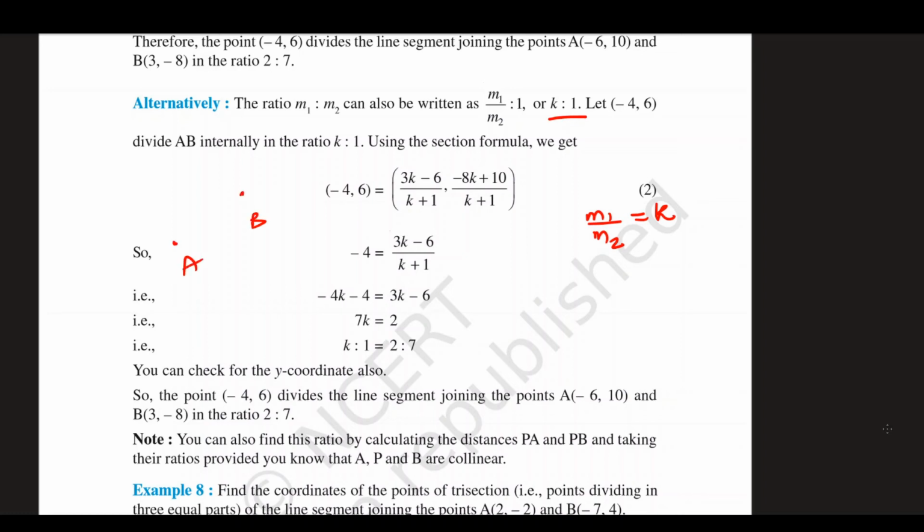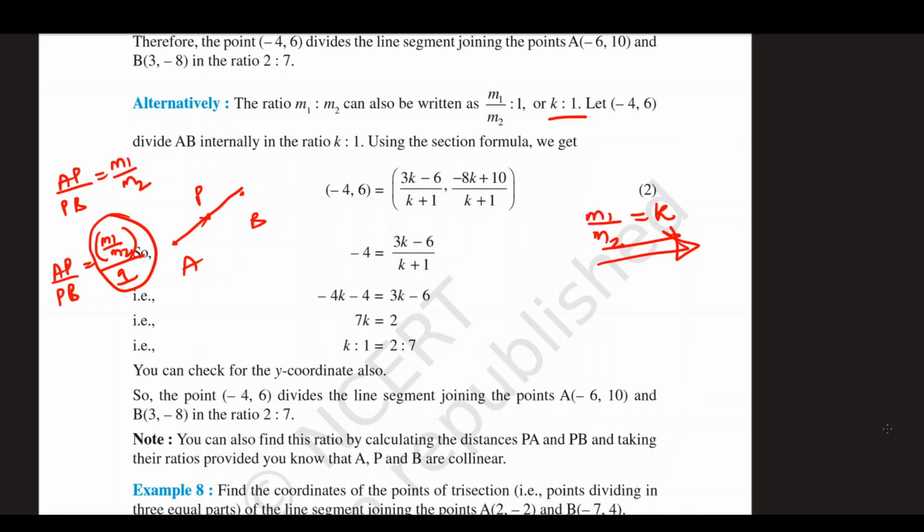Say AB is this, and there is a point P. We are saying that AP upon PB is m1 upon m2. It can also be written as AP upon PB is equal to m1 upon m2 upon 1. The ratio remains the same, but it is a better way of writing things, making it a one-variable question. So there is only one variable k and you can get results easily, but in this case you have to check for y also.